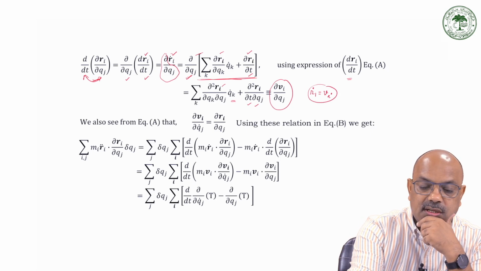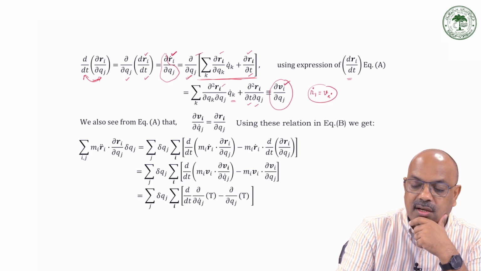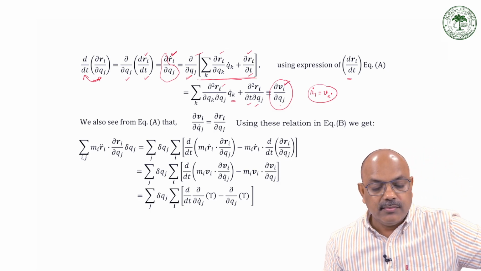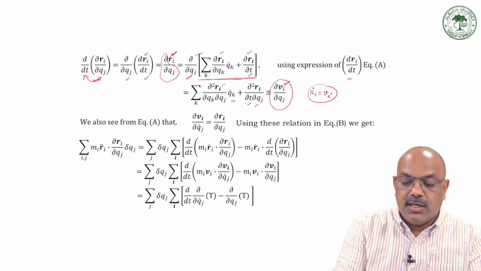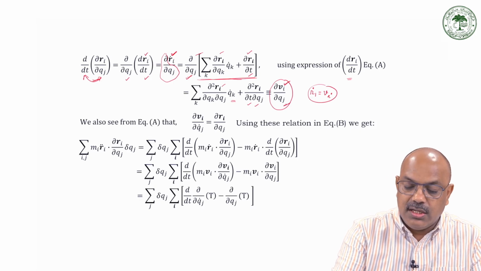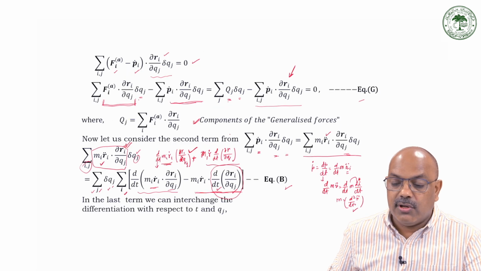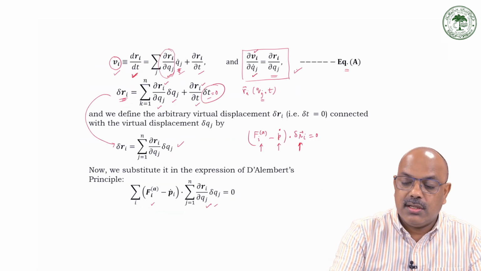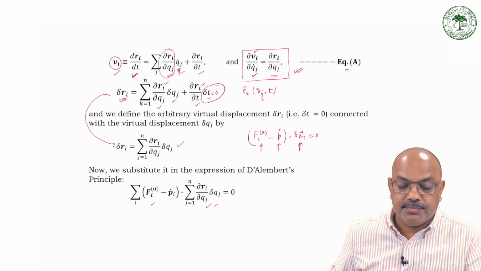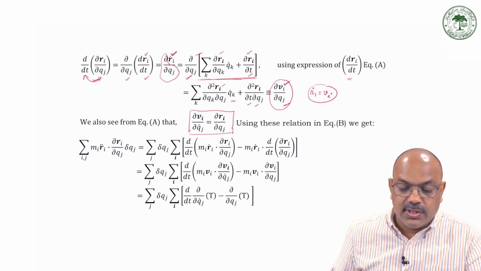So in place of this I have written dv upon delta qj, and also from equation 1, this delta vi upon delta qj is also going to be delta ri upon delta qj, if you remember this one. So we have two things.